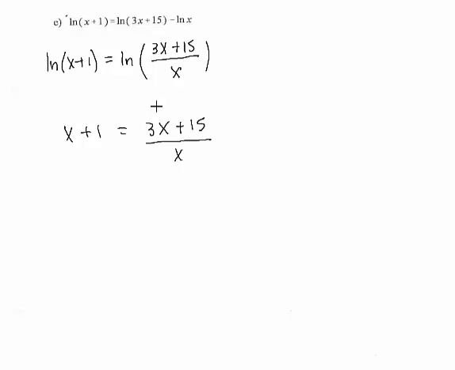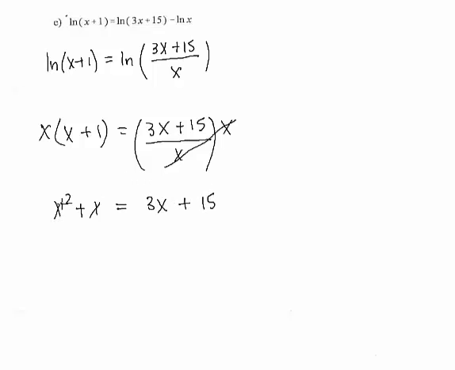Okay. At this point we have an x in the denominator, so we could multiply both sides of the equation by x. On the right the x's would cancel. The left would give us x squared plus x equals 3x plus 15.